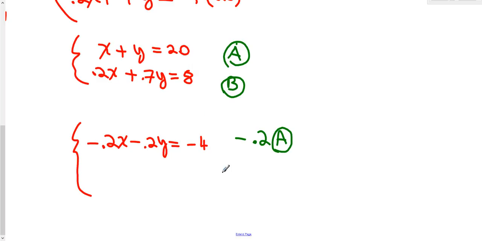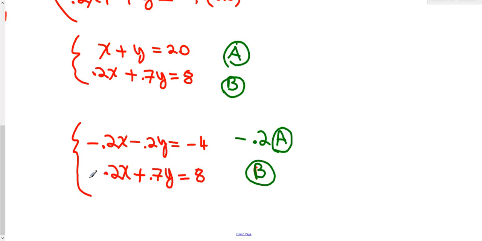The bottom equation, equation B, remains the way it is: 0.2x plus 0.7y equals 8.